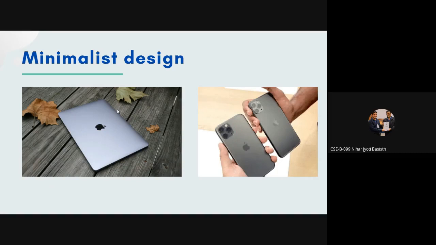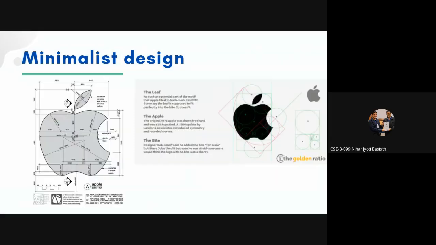Now you might think, "Arey, minimalism hai to yaar, why are you doing so much mehnat in learning everything?" For something great, huge efforts are needed. Even though you might say there is no effort in what you look at, in reality there is a lot of effort behind it. Now we shall look at how the Apple logo was designed. This is official information, I will be sharing it later on. Just look at it. Every portion of this logo has been very specifically designed by designers.